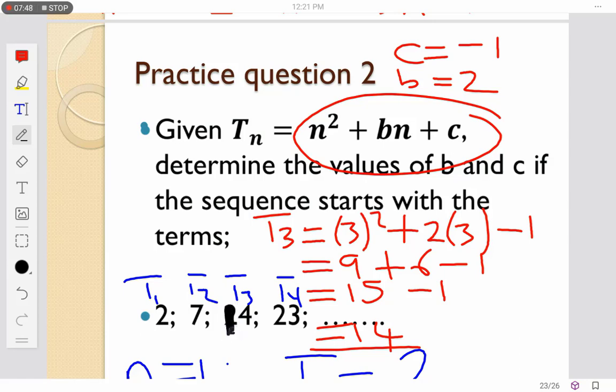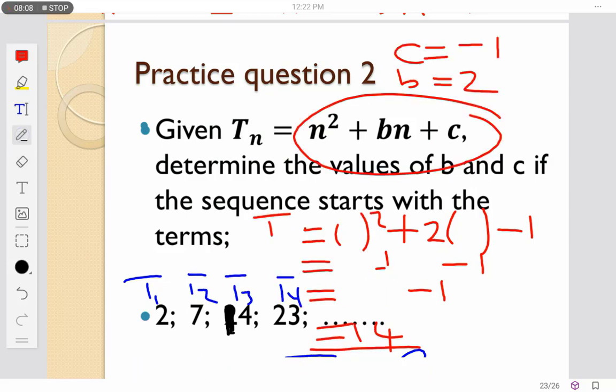You can do the same for T4. Let's do it for T4. I'm now simply going to substitute 4 here. I'm looking for T4 is equal to 4 squared plus 2 times 4 minus 1. 4 squared, we get 16.